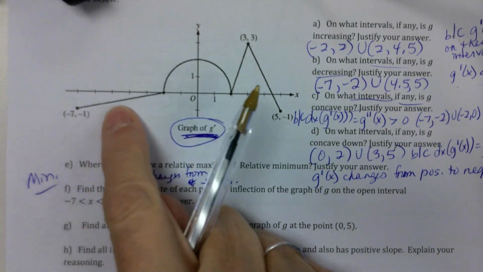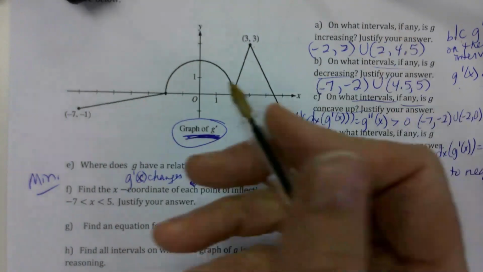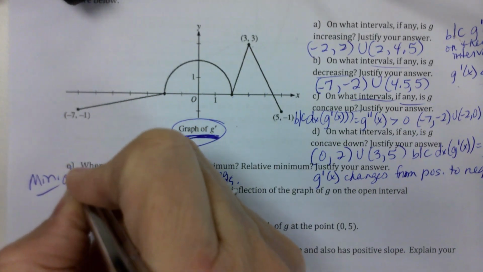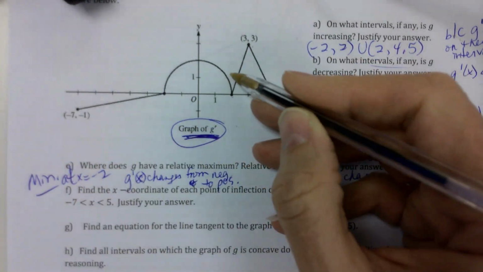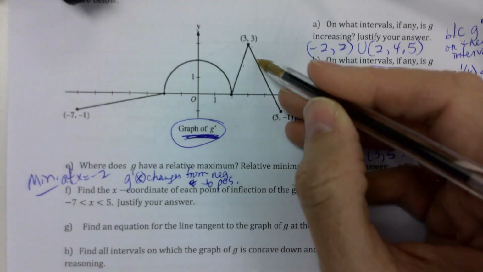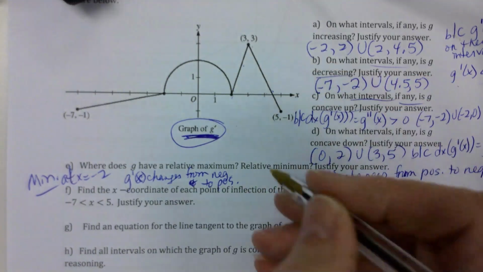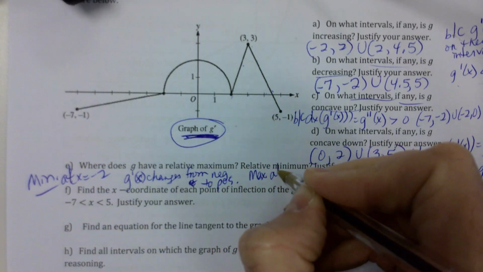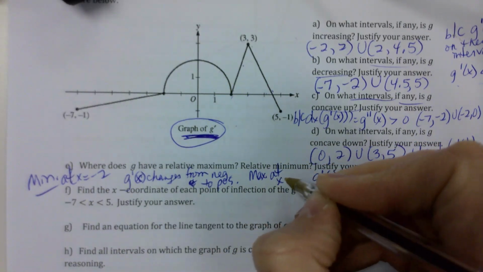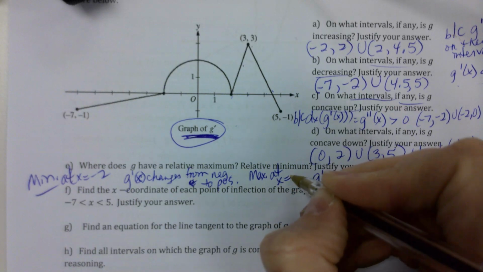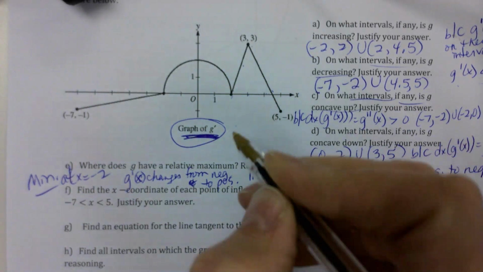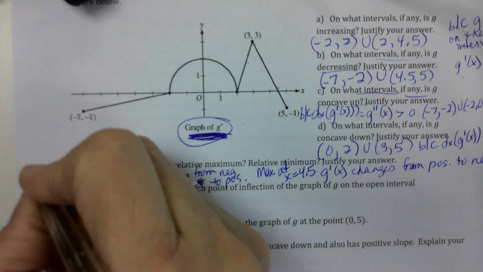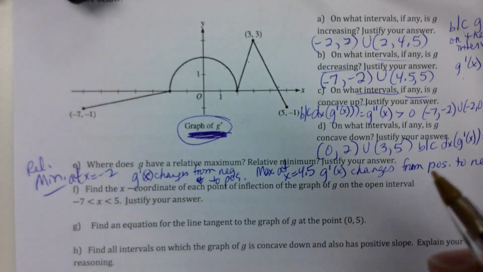What are you seeing? Negative to positive at positive to positive, nothing there. Positive to negative would make it a max. Wait, what? I thought you looked at the slope. These are G prime. Wait, so what's the thing that you drew those lines and put the plus and the minus for?